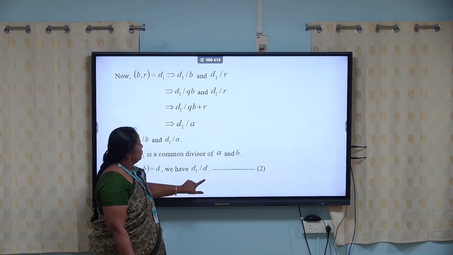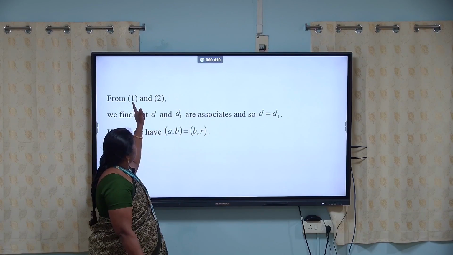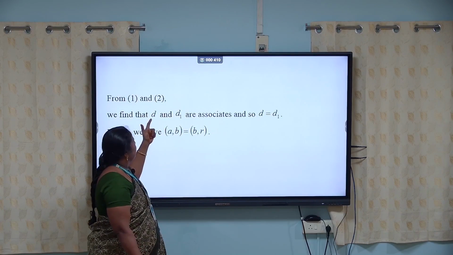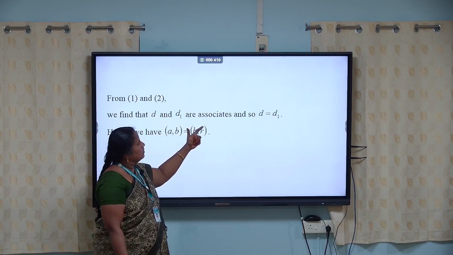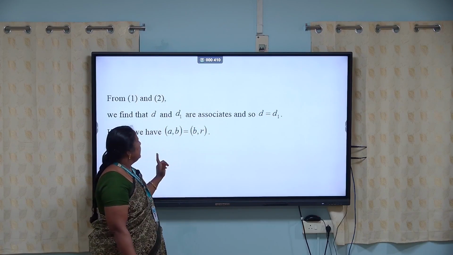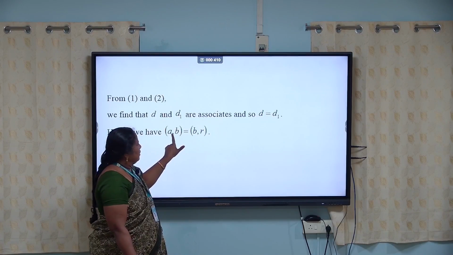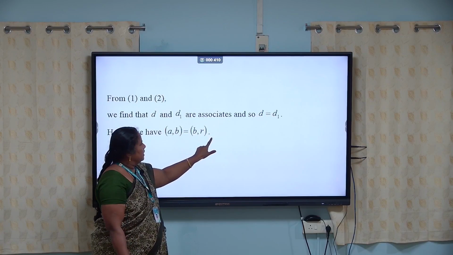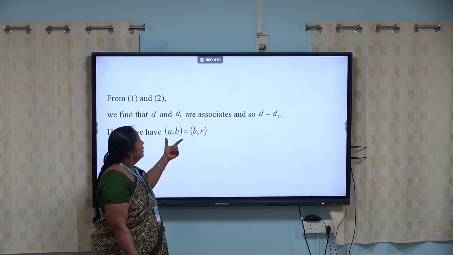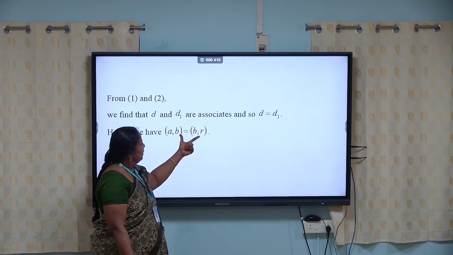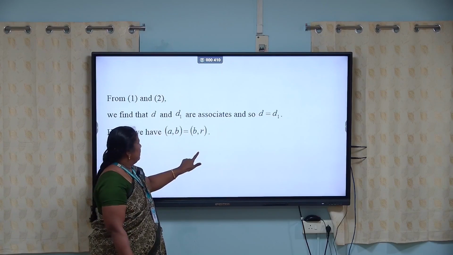This is equation 2. So, from equations 1 and 2, we find that d and d1 are associates of each other. Hence, d is equal to d1. That means d is the HCF of a and b and d1 is the HCF of b and r. So, the HCF of a and b and the HCF of b and r are equal.